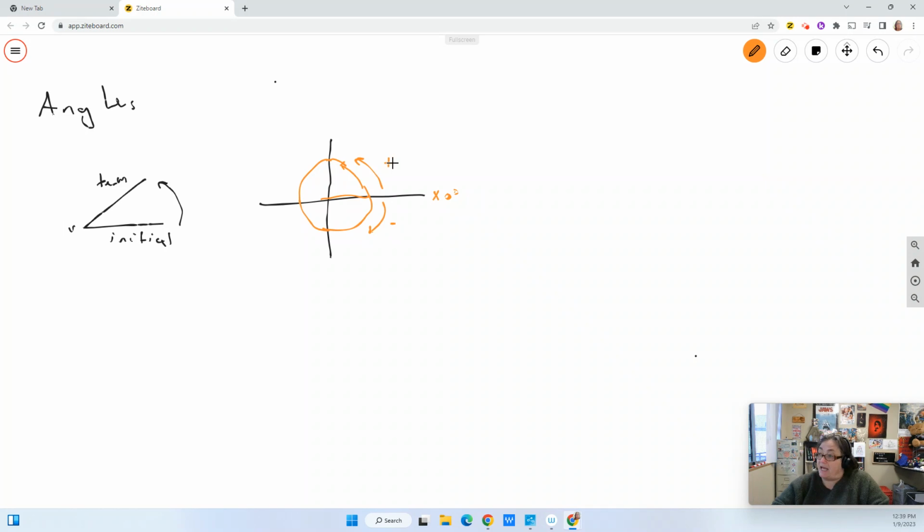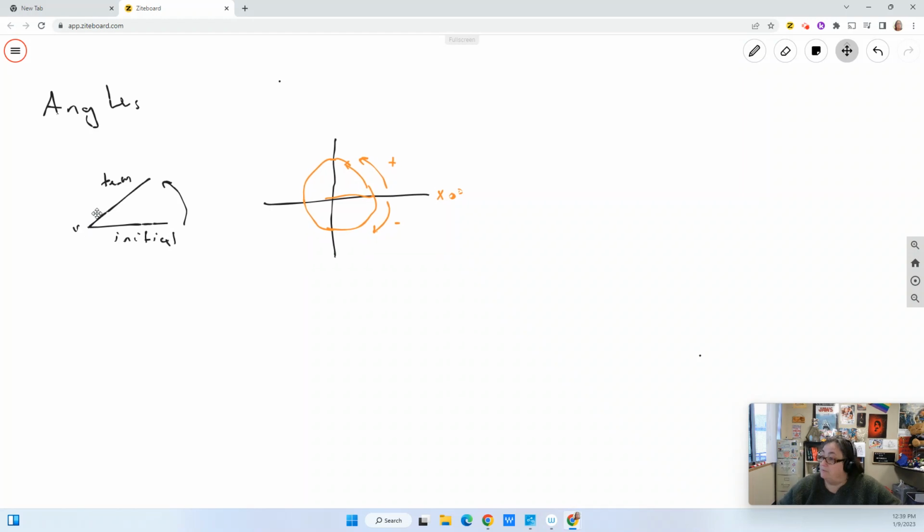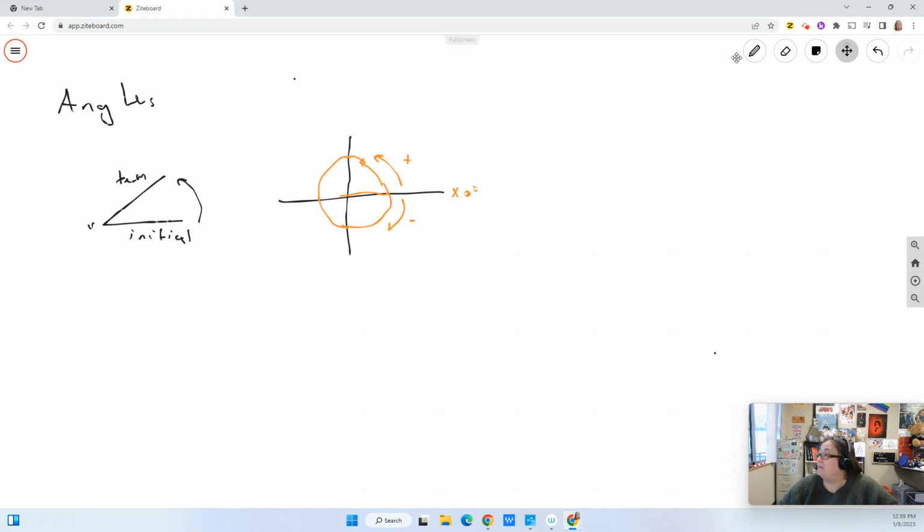So if we did that, like I said, if this angle was on the line, this one right here was, ooh, dang man, I don't know why it keeps turning off. If this was our initial side that started at 0, when we got to the other side, it would be terminal.